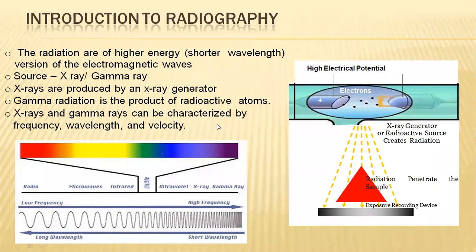X-rays and gamma rays can be characterized depending upon three different parameters: first its frequency, its wavelength, and the velocity of the waves, that is, the atoms or electrons being transferred from one place to another. Diagrammatically, this is the beam expositor, which takes the high voltage power supply from the AC source and emits atomic particles that strike the positive target, exhibiting its rays on the particular object which needs to be inspected.